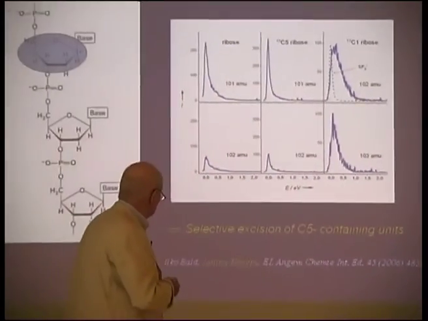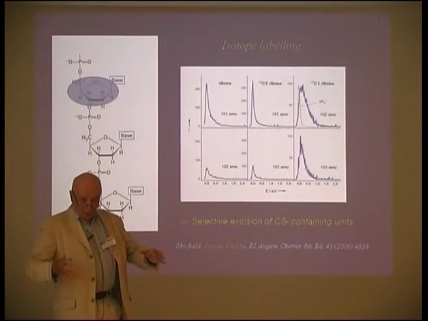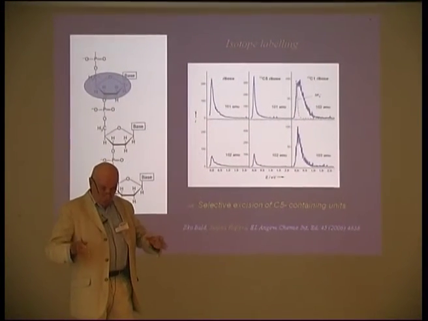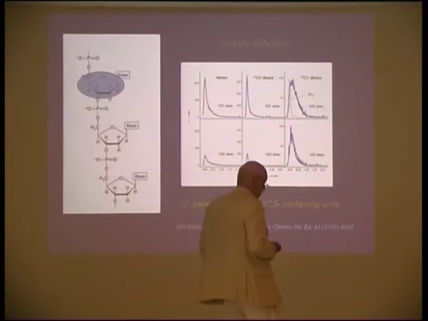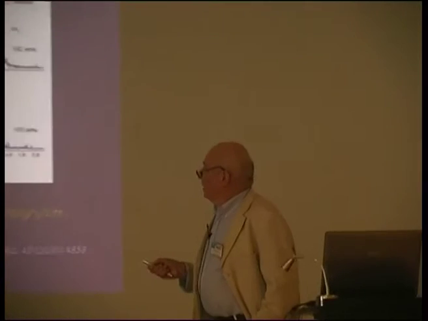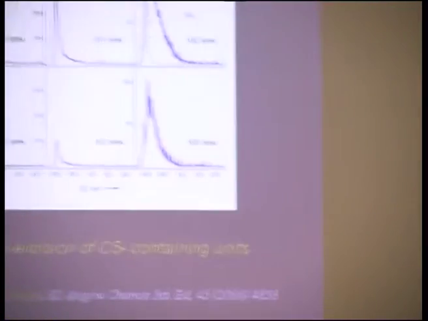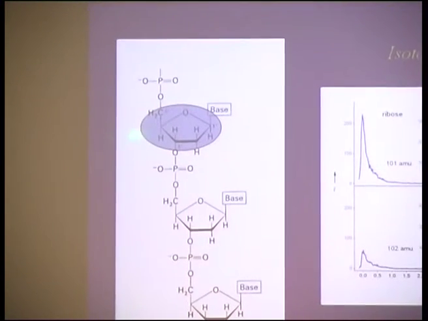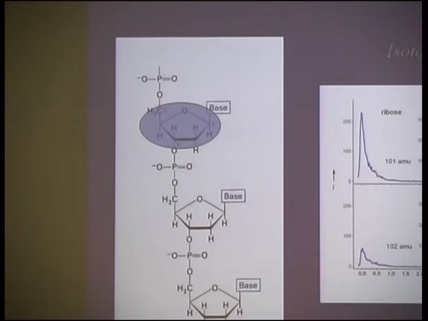In this case, the sugar breaks apart by just losing one or more neutral H2O units. And isotope labeling experiments show you that always this C5 position is involved, which would mean for a sugar molecule coupled to DNA that you may eventually induce a strand break.